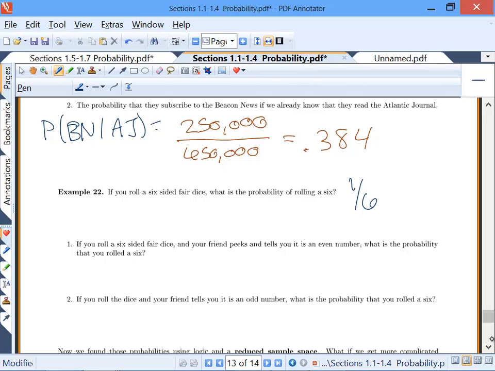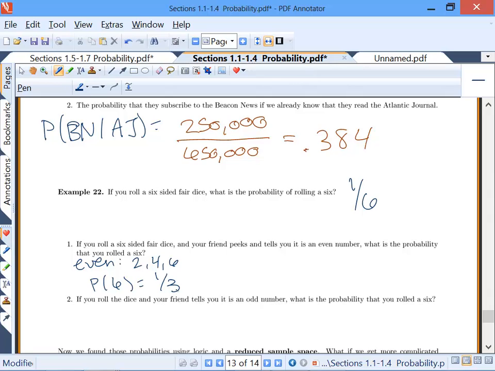Okay, well let's see. How many even numbers are there on the 6-sided dice? So the even numbers are 2, 4, and 6, so the probability of a 6 is 1/3. Okay. So again, this is just reducing our sample space to knowing that it was an even number.